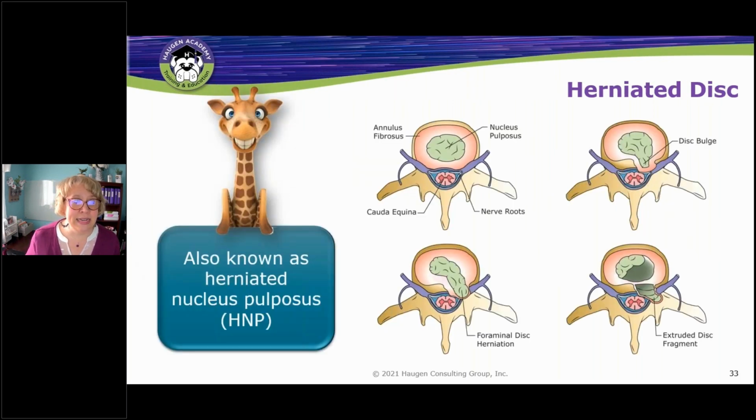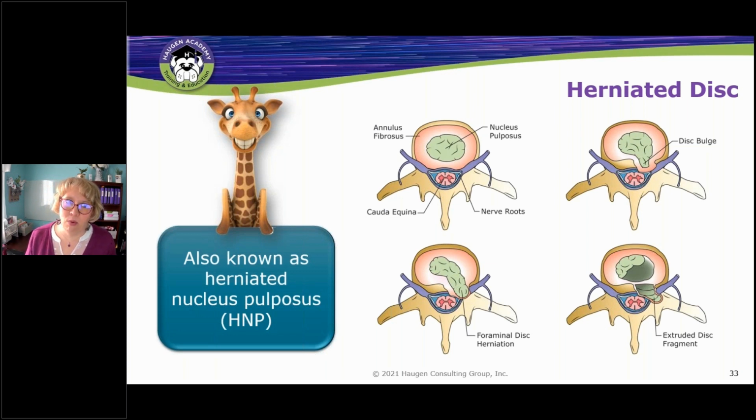So a herniated disc, also known as a herniated nucleus pulposus, or an HNP, is what you might see documented in an operative report. What else do we call it? Slipped disc. Herniated disc is what we commonly hear. And there are varying levels of this.